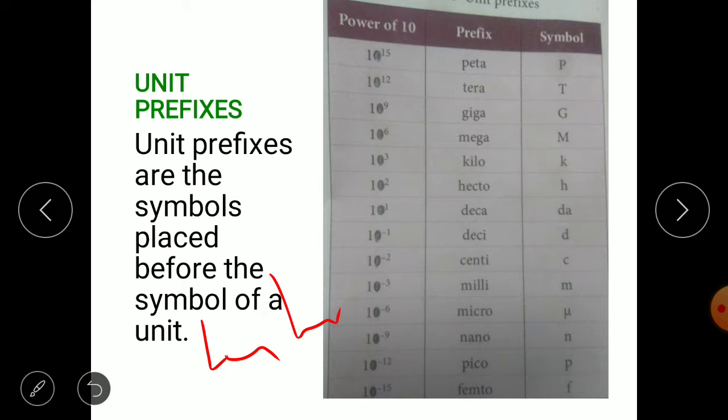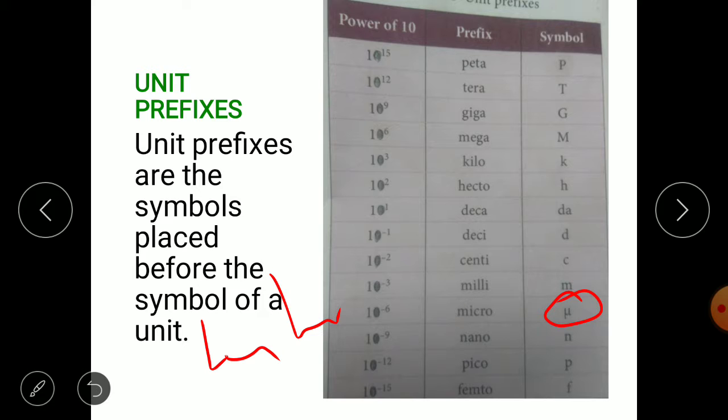They also have symbols: d, c, m, mu for micro, n, p, f. So these are the unit prefixes we use before the symbol of units, to represent the power of the quantity.